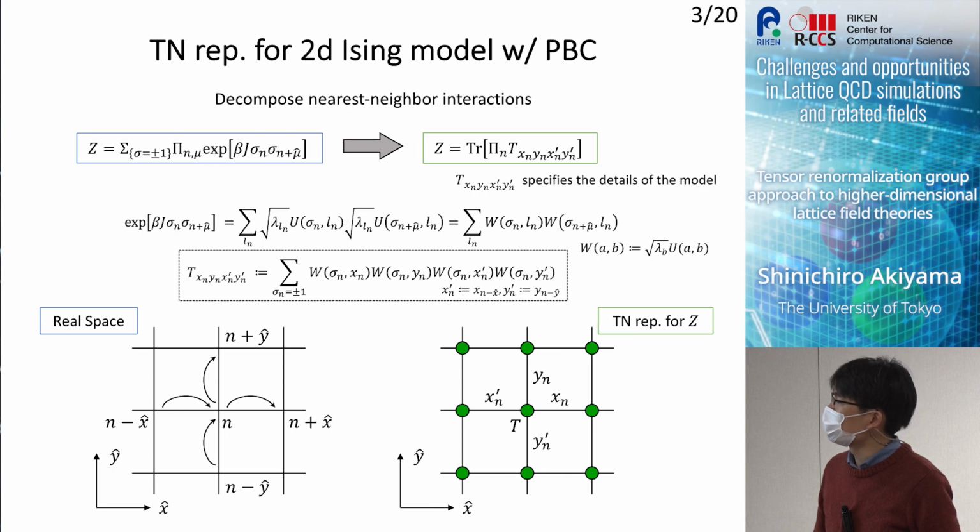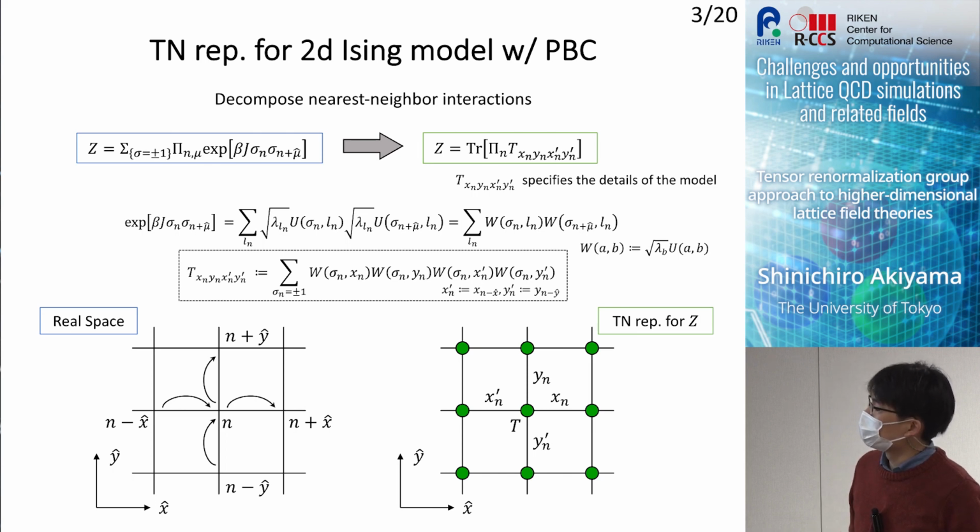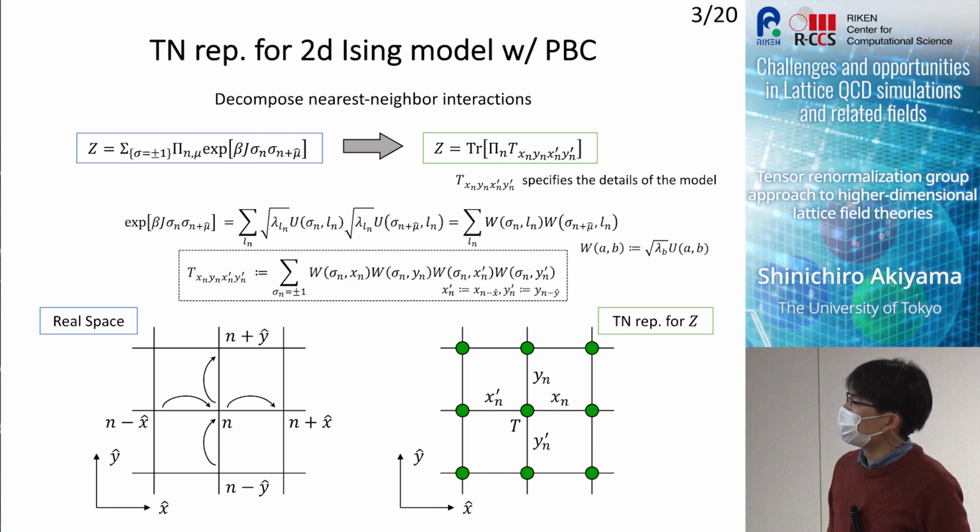And so by this procedure, we can now have a tensor network representation of the partition function like this. So here is a schematic picture. Firstly, the model is defined on the real space, and we are considering the two-dimensional square lattice, like this. But by using this decomposition technique and integrating out the original degrees of freedom, we have the rank-four tensor at each lattice site. And these tensors are represented in this figure by these green symbols.